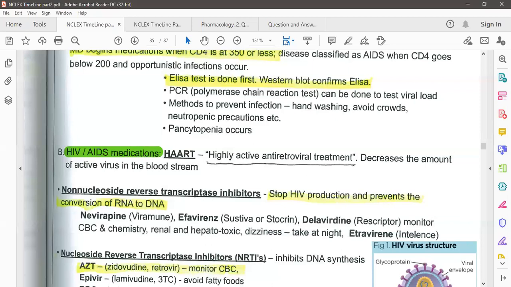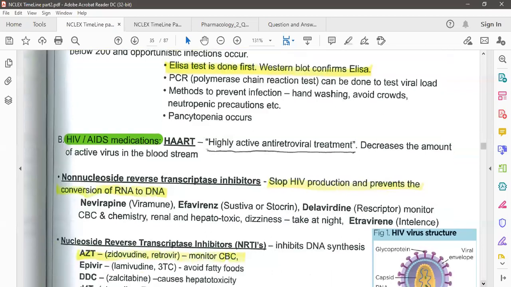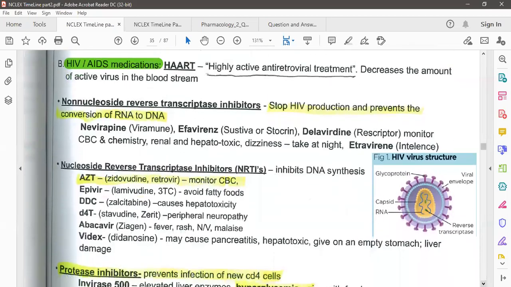Besides starting the medication, we also educate our patient. We call it nursing patient teaching. Practicing good hand hygiene is super important, and every day take a bath with antimicrobial soap. Avoid raw foods.